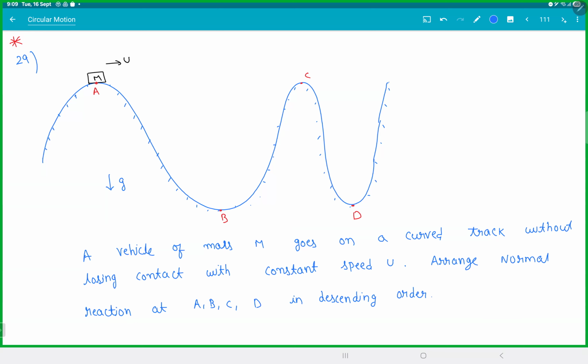I hope the question was clear. The vehicle is going in this random curved path with constant speed u, mass m, and gravity is there. What is the normal reaction between the block and the floor at these 4 points? We don't want the values. We just want who is bigger and who is smaller. Let's get this.